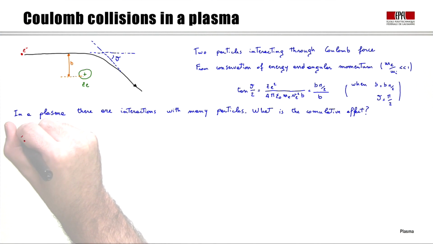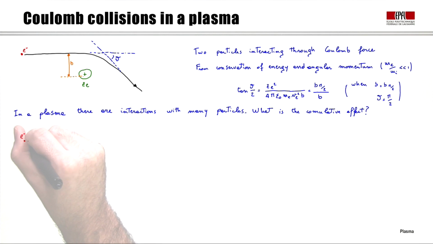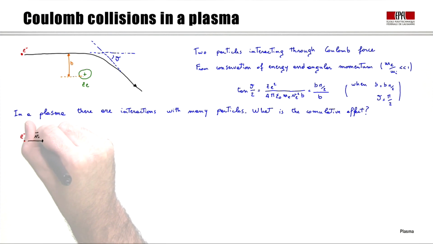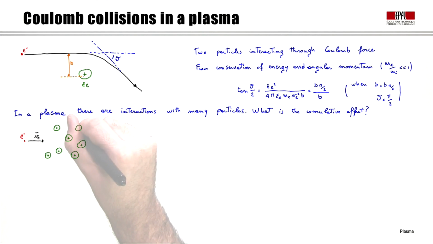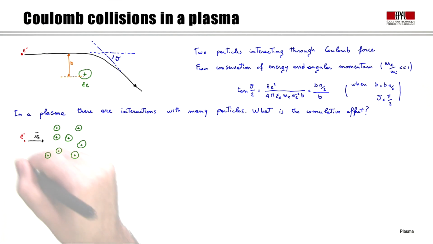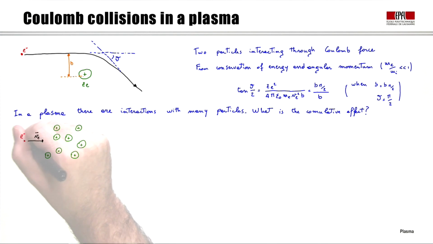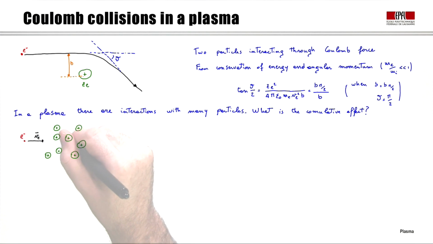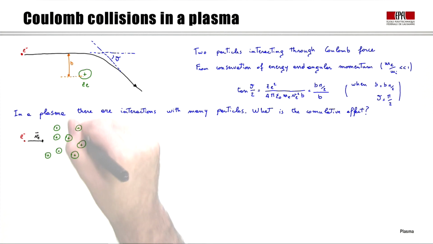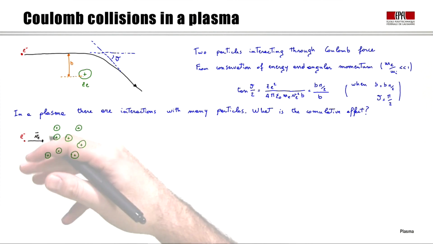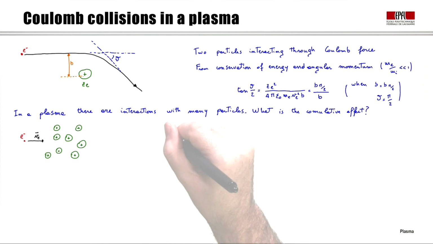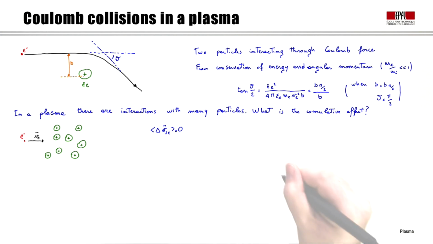More precisely, what we have is, for example, an electron which is going towards a plasma, and what we want to learn is how much this velocity will be deflected because of the interaction of this electron with all the ions present in the plasma. In general, because of symmetry of this one-to-one collision, the deviation of the perpendicular electron velocity will be equal to 0.